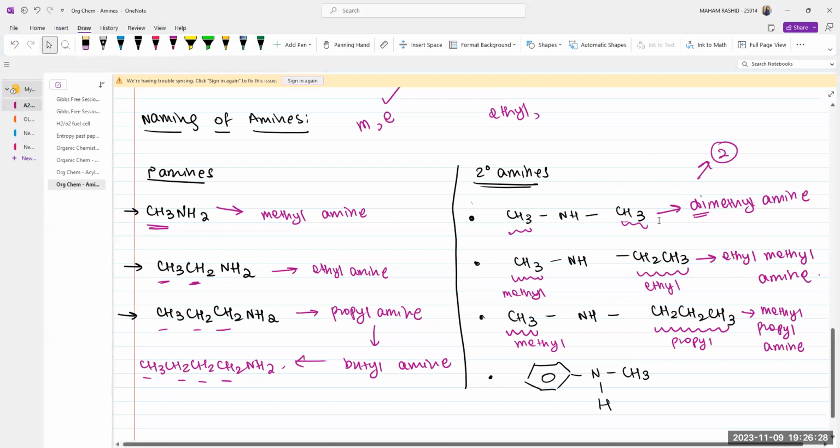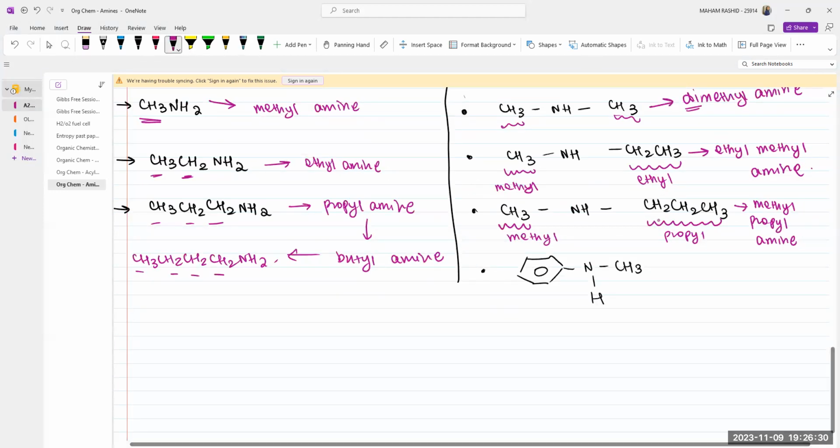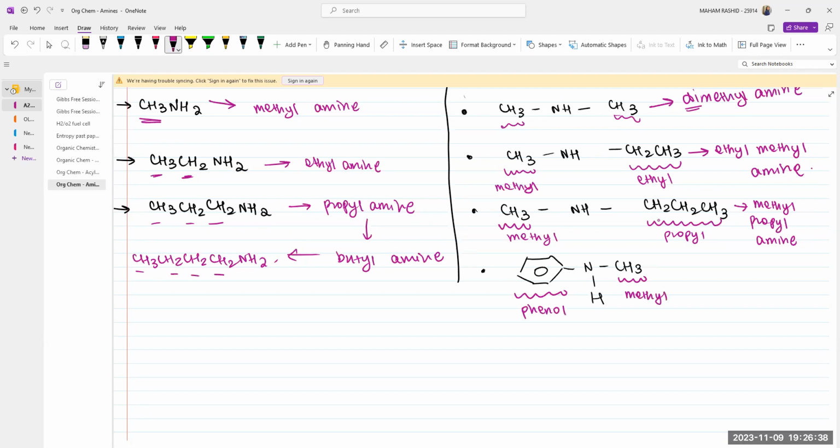What about this one? So this is benzene, a phenol. And this is a methyl. Methyl phenyl amine, right?